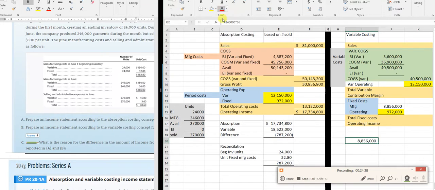That's the 246,000 times 36. However, over here in my variable costing, I had a total of 24,000 times 32.80. And I had 246 times 36.